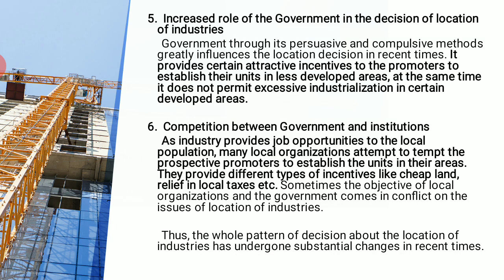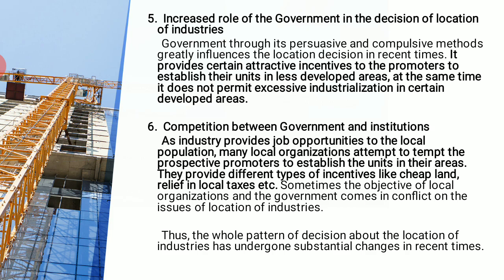Fifth comes up is increased role of government in the decision of location of industry. See, government takes a lot of efforts, and it takes up a lot of initiatives in selecting the site. How does the government help? Government, through its persuasive and compulsive methods, greatly influences the location decision in recent times.